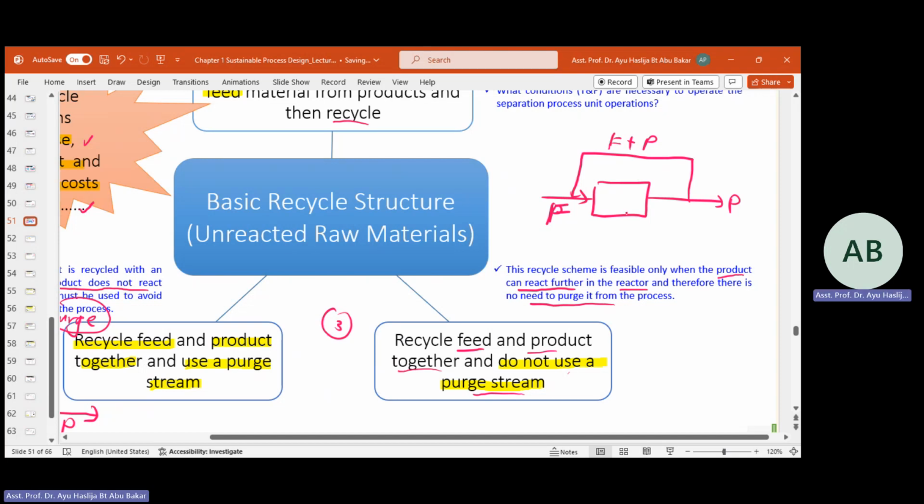It can be involved in the reaction, so you don't need to purge out the product. Okay. And so there are three main cases over here. You need to consider which one is suitable for your plant.